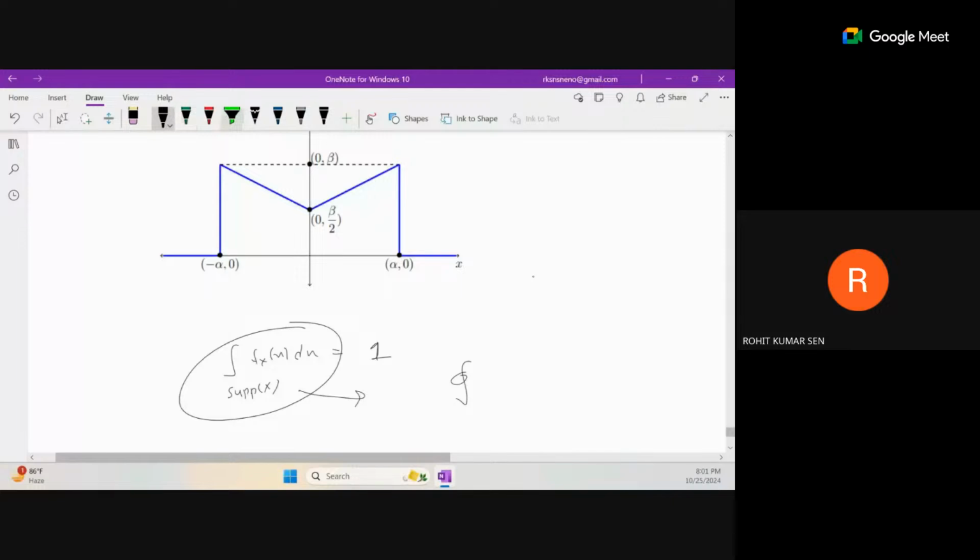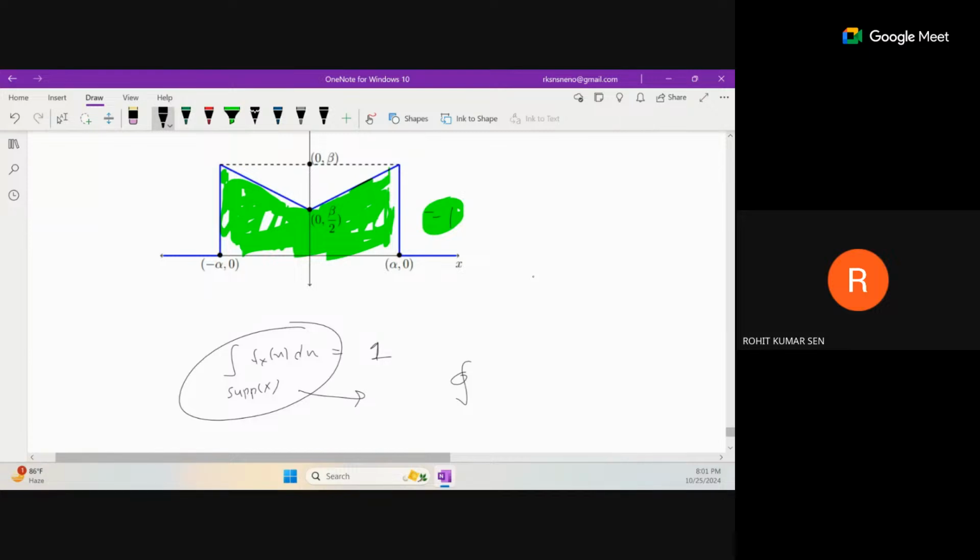So if I find the area, it should be equal to 1. This area should be equal to 1.